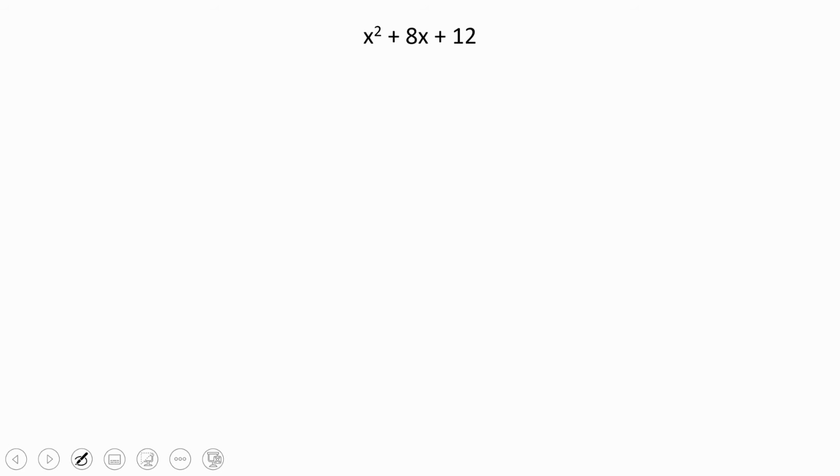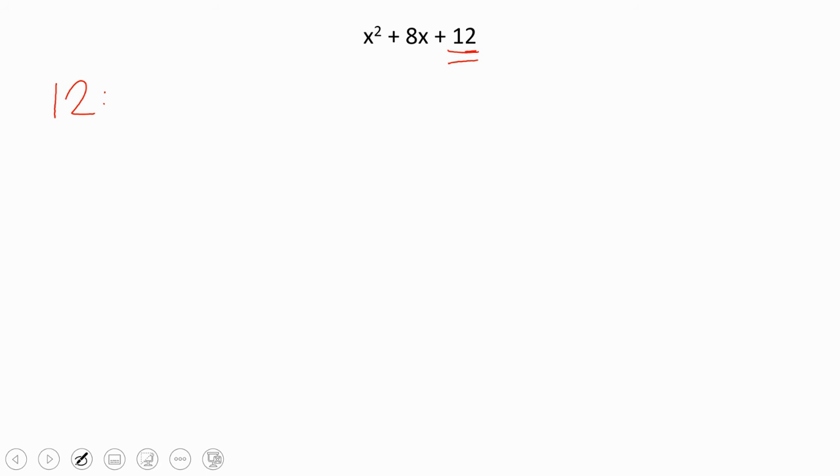Now this one is actually what we were doing last week. So this one shouldn't be anything new, but it'll be a good review of last week to help get us ready. So again, you need to find the factors of c. So we're going to find the factors of 12. Now, using what we just said in the last slide, the factors of a positive number means that both the factors need to be positive or both the factors need to be negative.